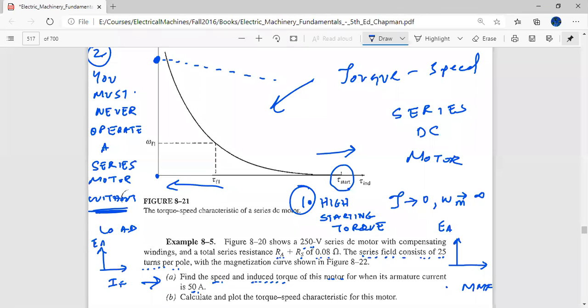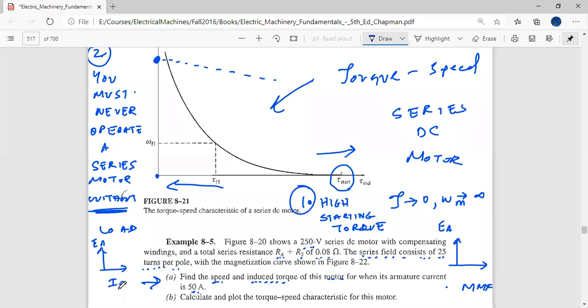number of turns and the current. MMF was equal to NI, right? So number of turns multiplied by the current. So instead of just the current, you may be given the field in the form of MMF, and this is the same as here. IF was also an indication of the primary field of the machine, and MMF is also an indication of the primary field of the machine.